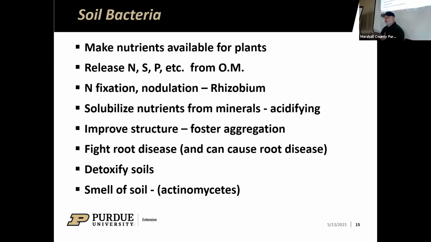Like I was saying, they're producing compounds that help the soil particles to stay together, so that aggregation allows for soil structures that allow for good pore spaces between the soil aggregates, adhering to themselves, so that those soils will also hold on to some of the water and the nutrients that are cations. By having a healthy soil with active organic matter, we can actually have them helping us to fight root diseases.